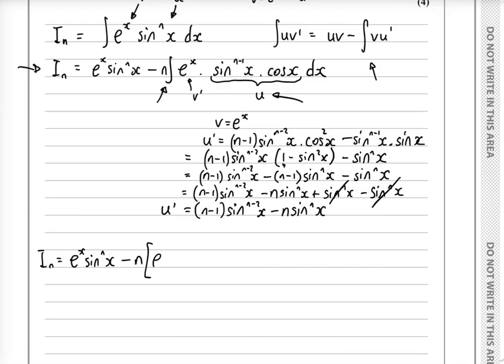So our v is e to the x, and our u is sine to the n minus 1 x times cos x, minus the integral of v u prime.